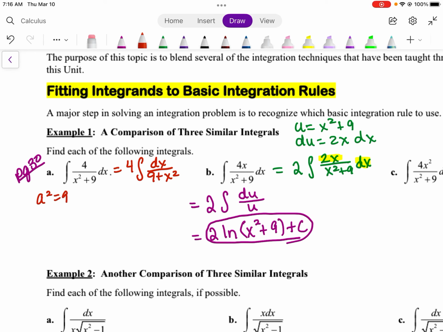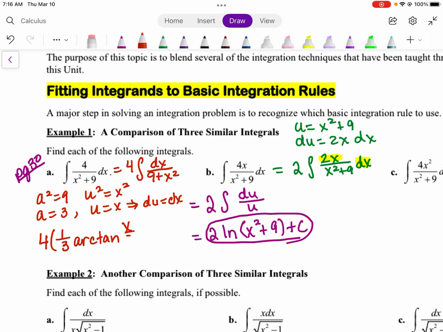My a squared is 9, my a is 3, my u squared is x squared, my u is x, therefore du equals dx. So this just follows arctangent. Arctangent says I take 1 over a, I have the arctangent of u over a, and then plus c. And you can put the angle in parentheses. So there's our part A.